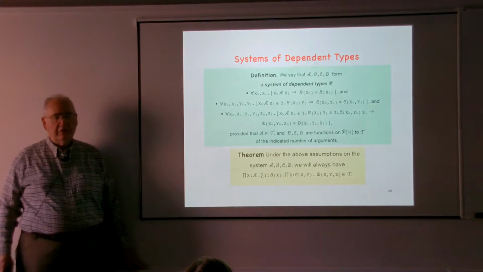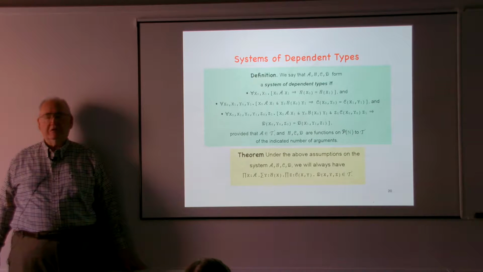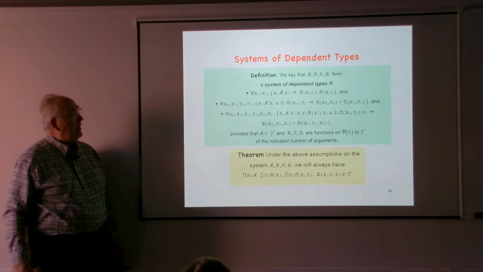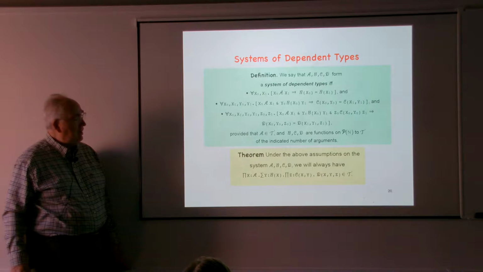Equivalent inputs have to give equivalent, equal outputs in these types there. You just have to be careful to say how the dependence works there. So this is a dependent family of types.